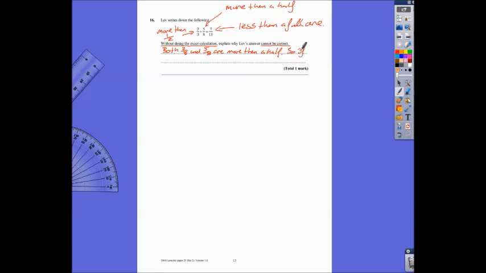So if you add them together, you would get more than a whole. 7/11 is less than a whole. So a little bit difficult, that one. It's a little bit different to what you're used to. It's asking not to do it with a proper calculation, but you've just got to write down exactly what you see there.